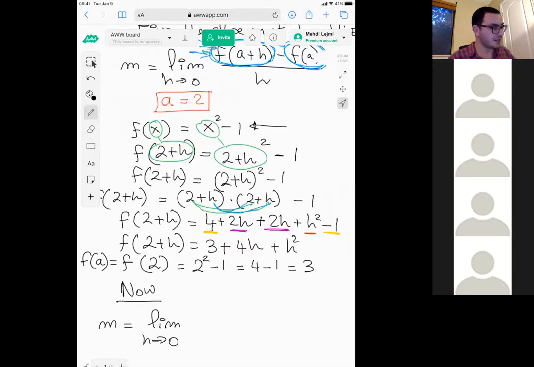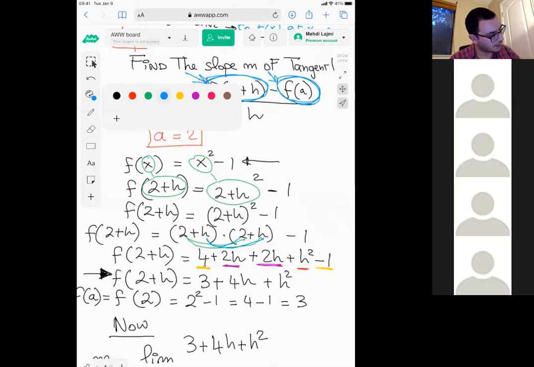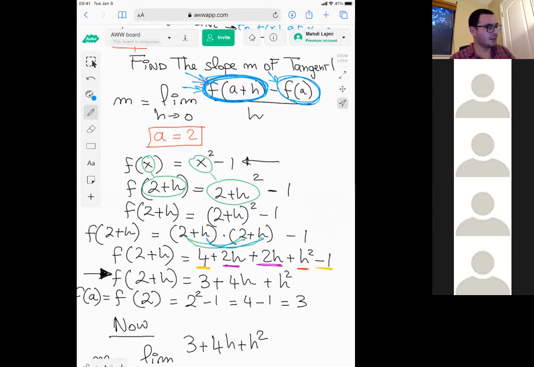First we said f of a plus h, so that's f of 2 plus h. And here's my f of 2 plus h. So we have 3 plus 4h plus h squared. That's my f of a plus h.